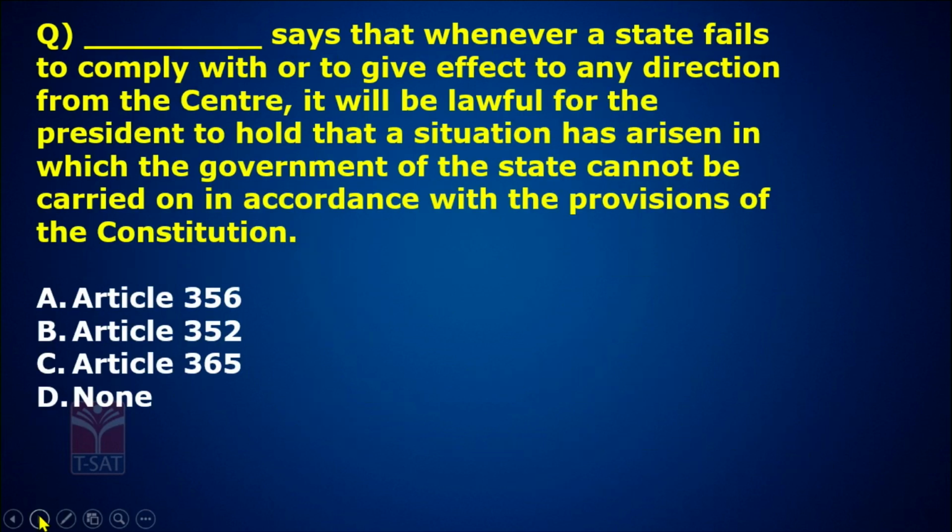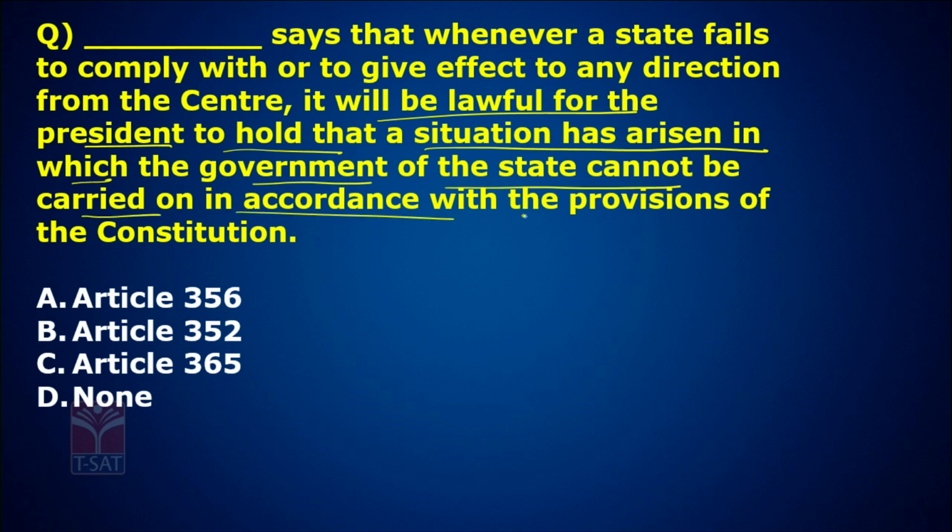Look at the article. Guess the article. The question is guess the article. That says that whenever a state fails to comply with or to give effect to any direction from the center, it will be lawful for the President to hold that a situation has arisen in which the government of the state cannot be carried on in accordance with the provisions of the Constitution.